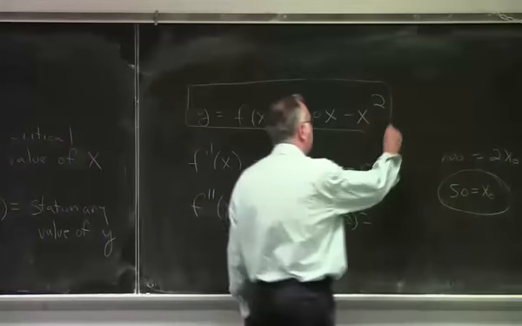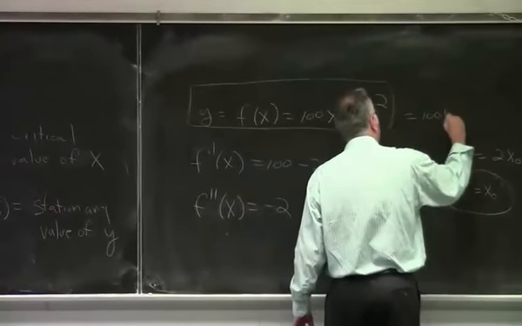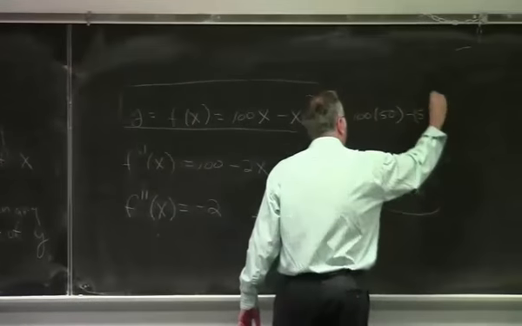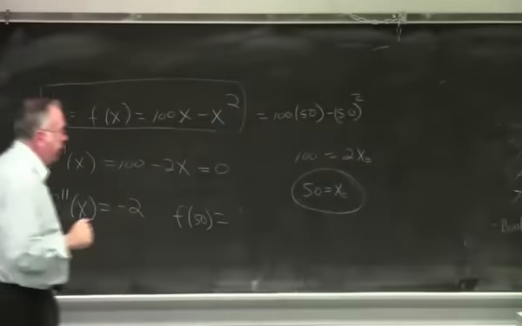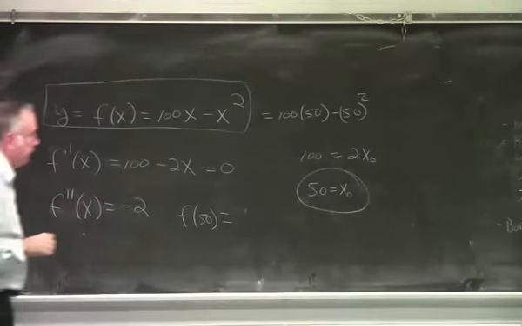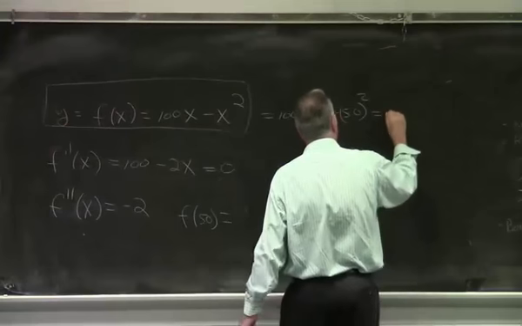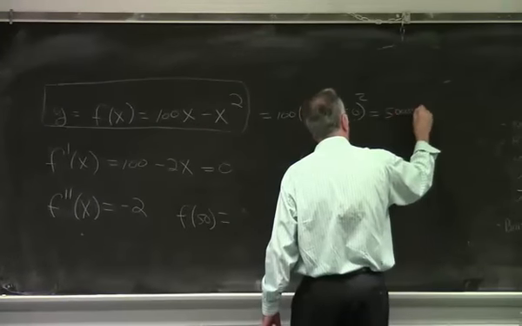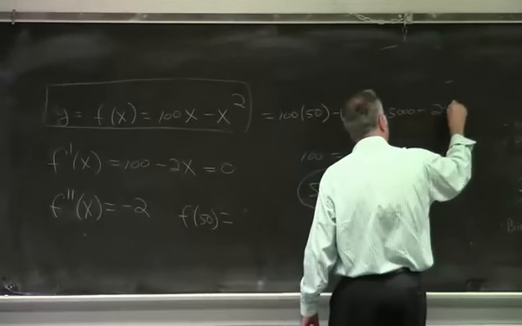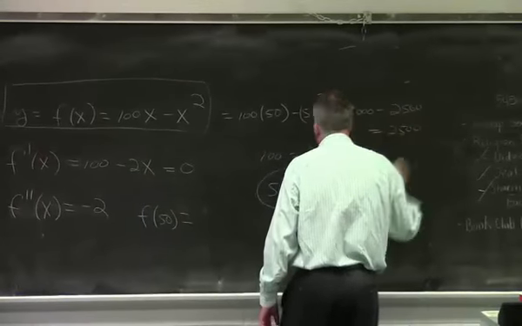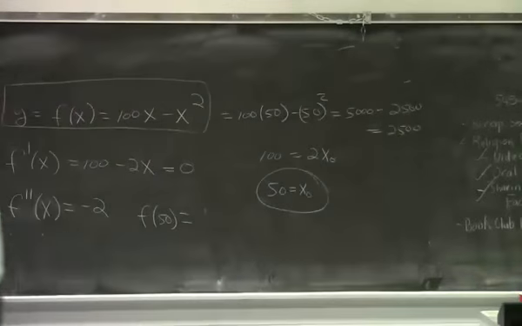So you get 100 times 50 minus 50 squared. 100 times 50 is 5,000. 50 squared is 2,500. So it is 5,000 minus 2,500 equals 2,500. Okay, so this stationary value of y is 2,500.